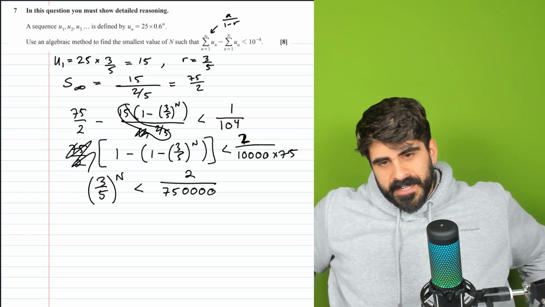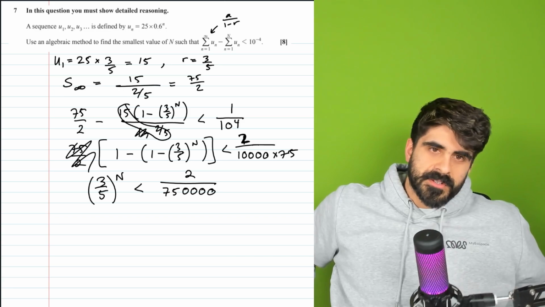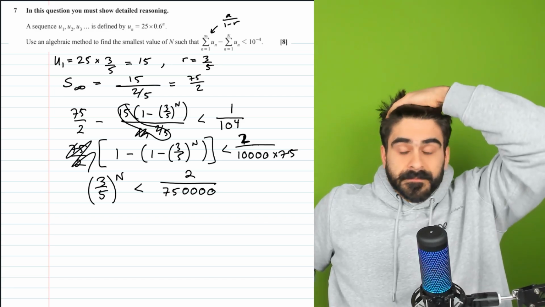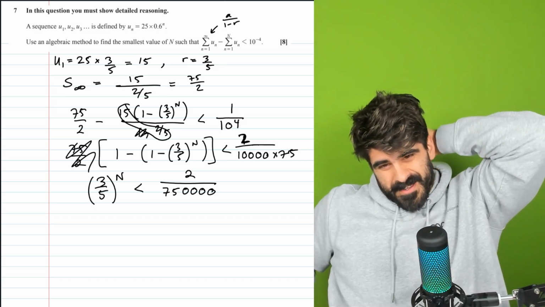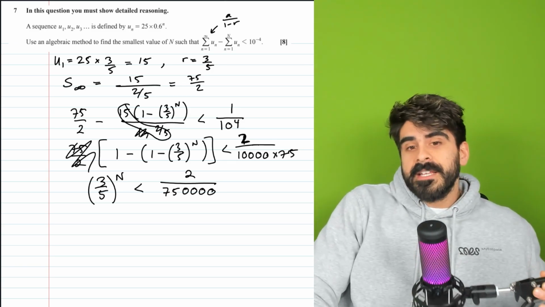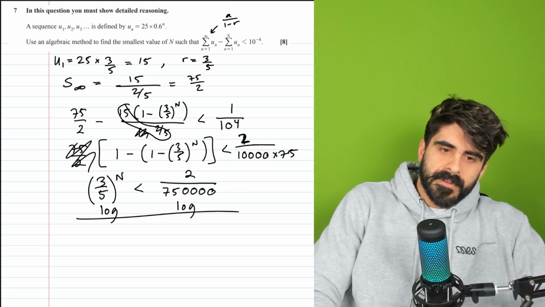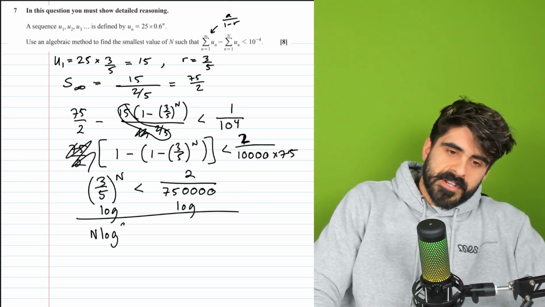I just don't think I can. I don't even think I can log both sides. Should I do what the mark scheme would want me to do so I at least don't lose too many marks? I think that's the smartest strategy right now.